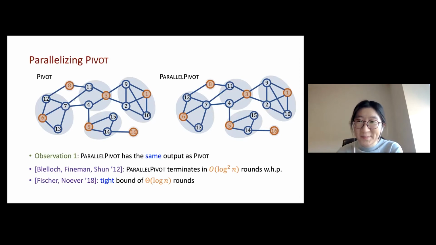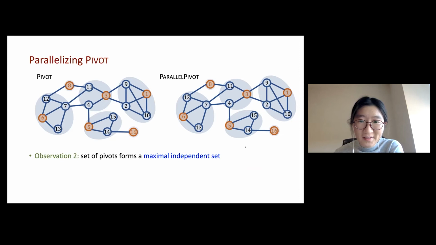So yeah, let me continue. Another observation about the parallel pivot algorithm is that, actually for both pivot and parallel pivot, the set of pivots that are found forms a maximal independent set.